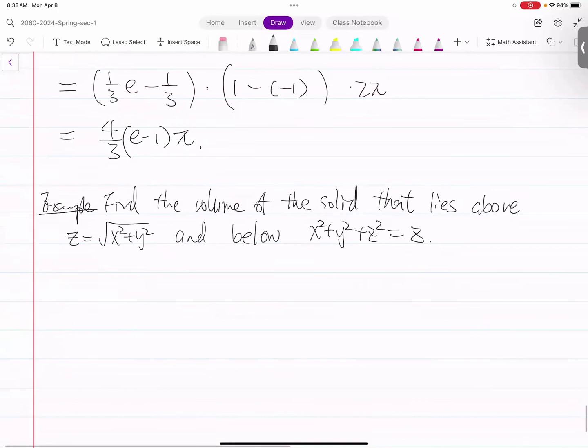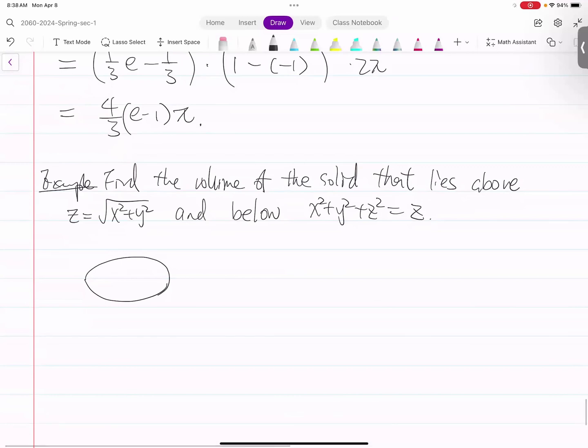So let's quickly look at the cone. If you look at this equation right here, it says, for the point x, y, z, the elevation z equals the distance from the point to the z-axis. This is just the square root of the sum of squares, x squared plus y squared, which is the distance from the point to the z-axis.